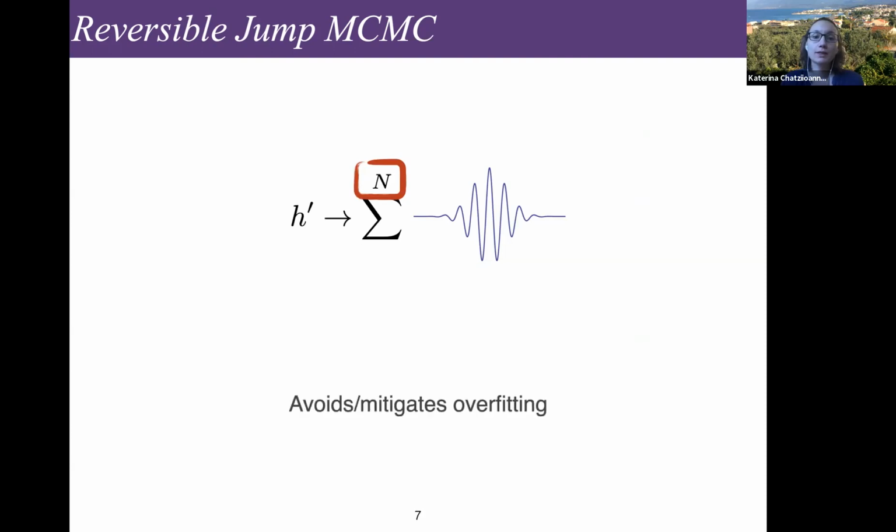And the way this is done is basically, again, by marginalizing or sampling. This also allows you to avoid overfitting, to not fit too much of the noise. The number of wavelets, rather than fixed a priori by the analyst, the user, is again sampled over, the same way the masses are sampled over.